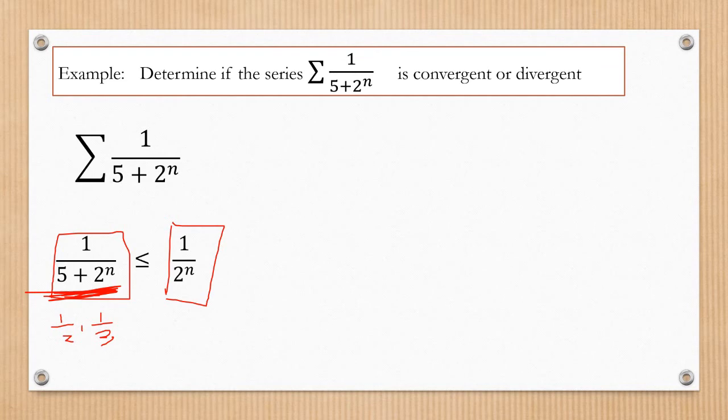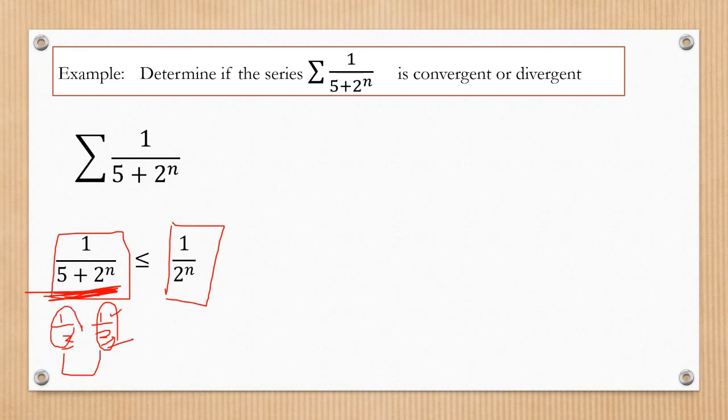Just like this one, 1/2 and 1/3. So 1/3, in 1/3, 3 is greater than 1, and 3 is greater than 2. So if we're going to compare 1/3 and 1/2, 1/3 is less than 1/2.